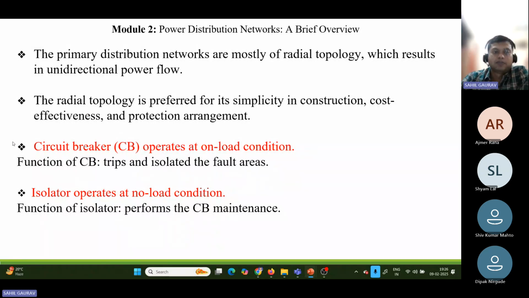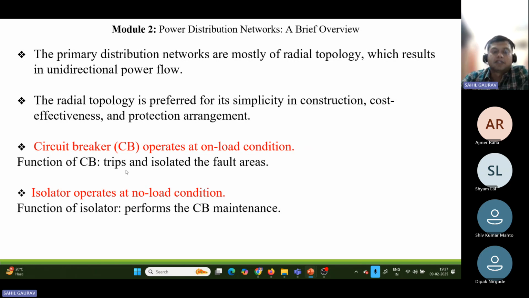Now, in the structure of the power distribution network that we are going to see in the upcoming slides, we will see the circuit breakers and isolators. The major difference between a circuit breaker and an isolator is that circuit breakers operate at on-load condition.